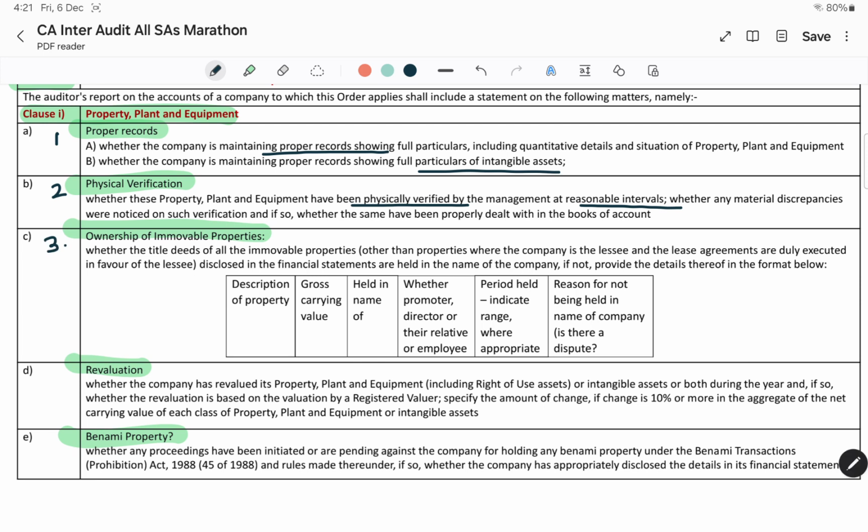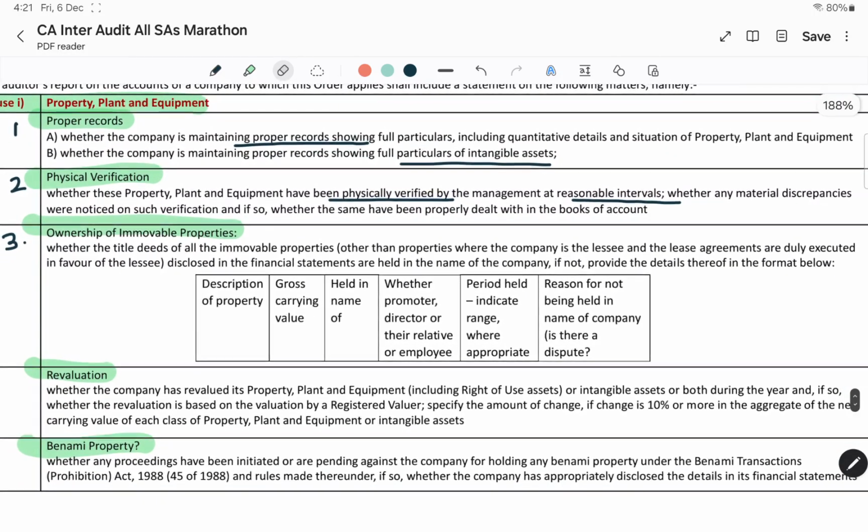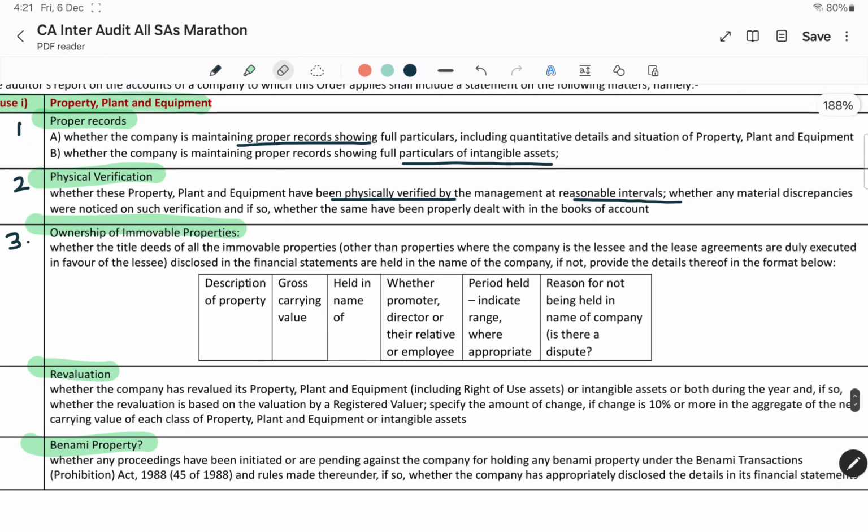Third is ownership of the immovable properties. Whether the title deeds of all the immovable properties, other than properties where the company is the lessee and the lease agreements are duly executed in favor of the lessee, disclosed in the financial statement, are held in the name of the company.